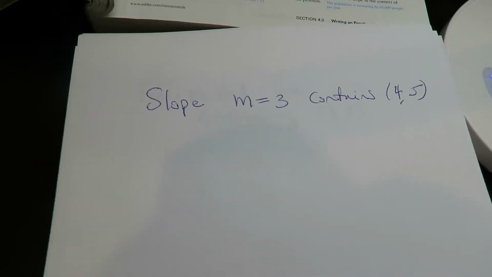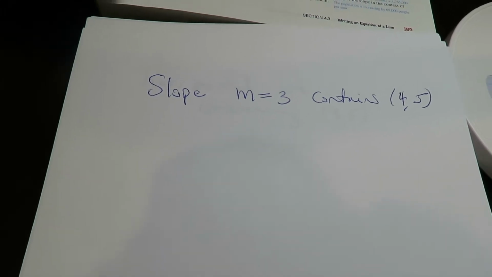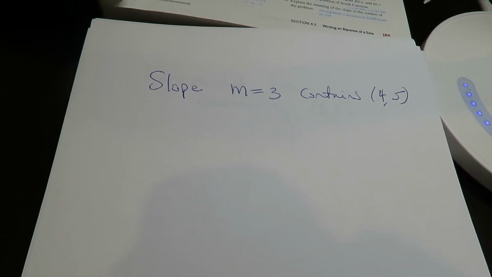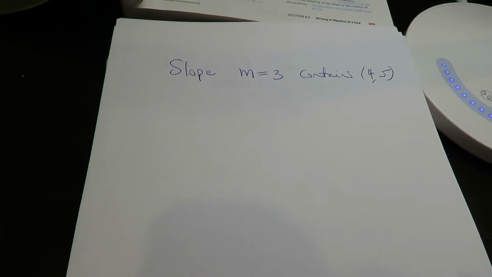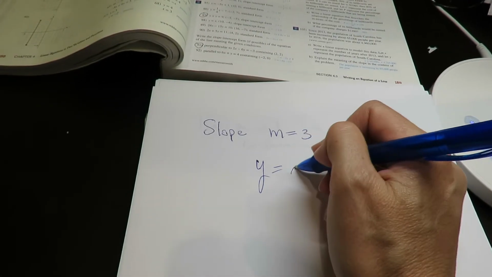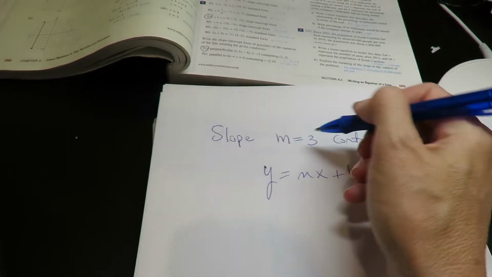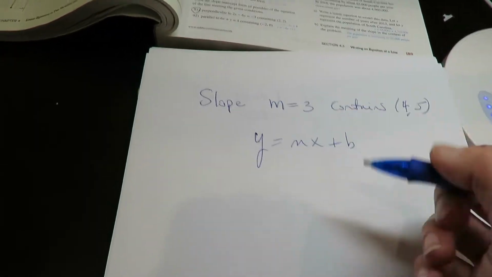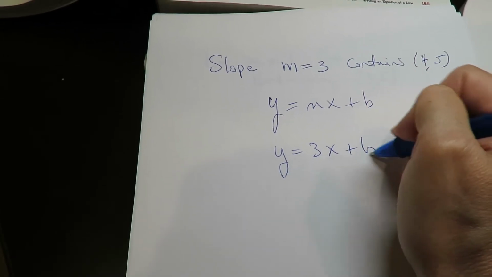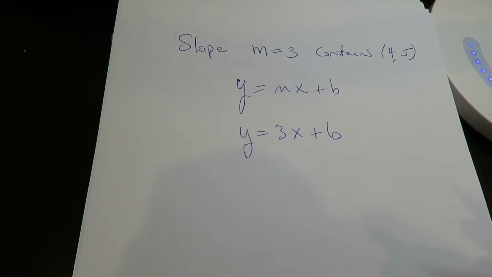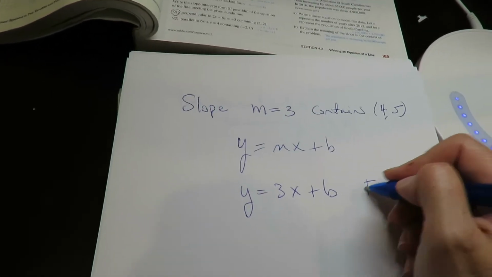All right, let's try some other stuff that's slightly different than that. Some of the stuff is just going to be looking at the same question, but in different scenarios, and you've got to creatively figure out what to do. This one isn't terrible because they've actually already done a step here. They've already saved us some work. They're telling us what the slope is. They're not making us do the slope. So that one's pretty awesome. We've already started with the slope, and now we just need to find the b.